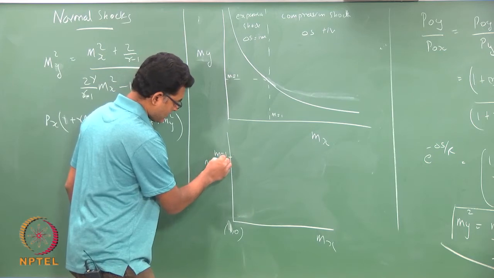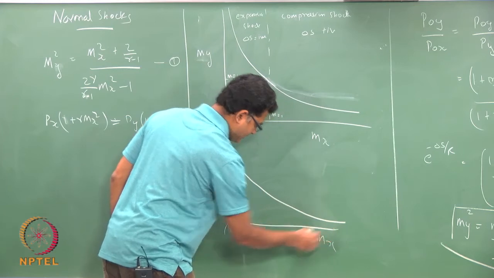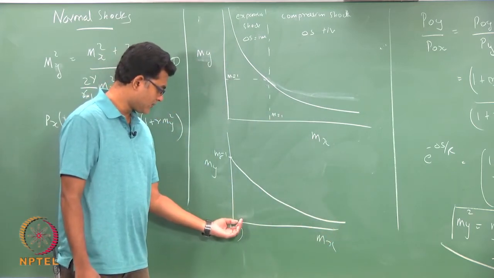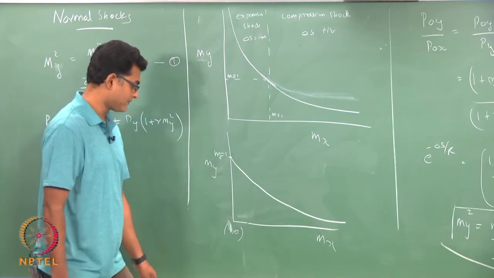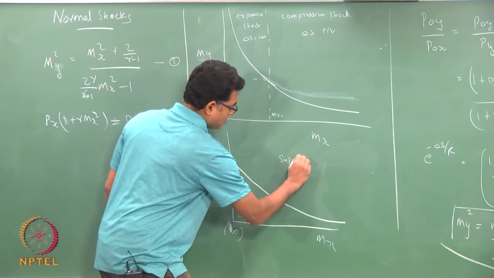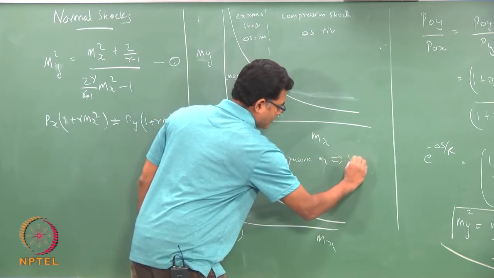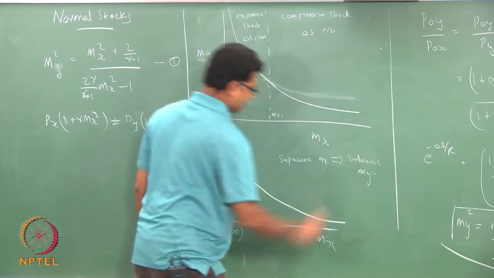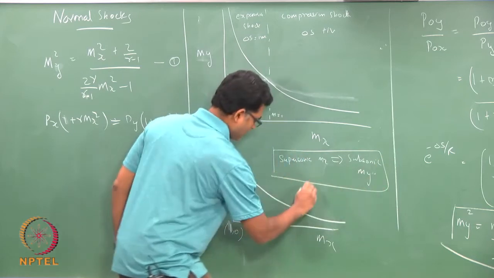So, I would have a curve that is going like this. So, for every supersonic Mx, I would have a subsonic My. This is strictly for normal shocks.